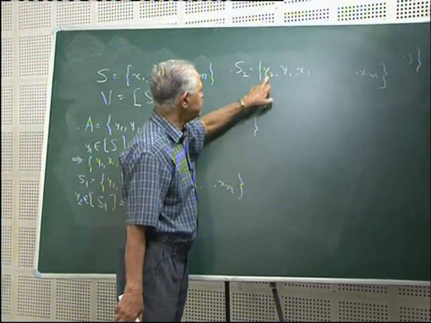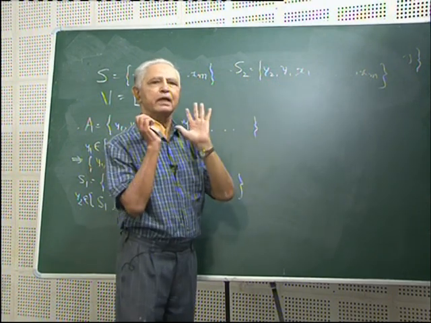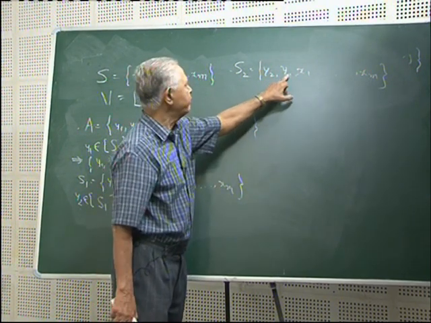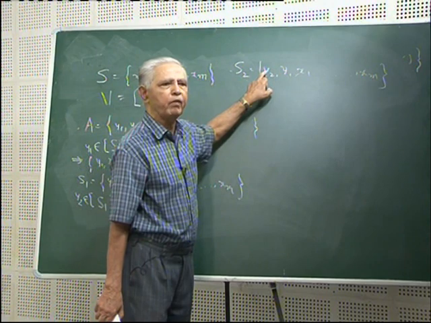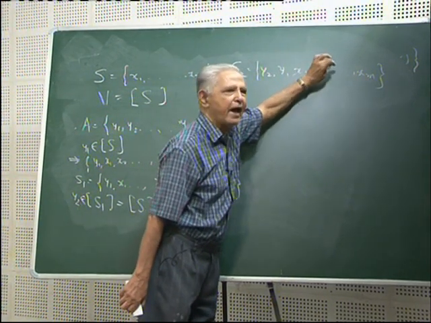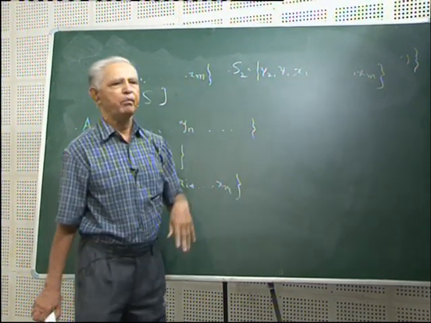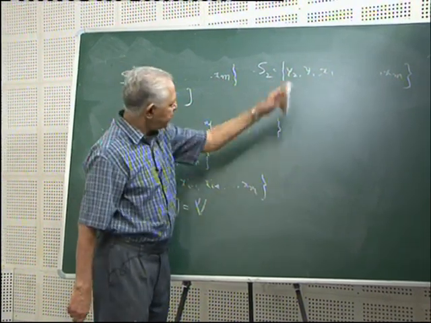Since vectors y2 and y1 are linearly independent, y1 can't be a linear combination of y2. So, some vector xj must be a linear combination of previous vectors.